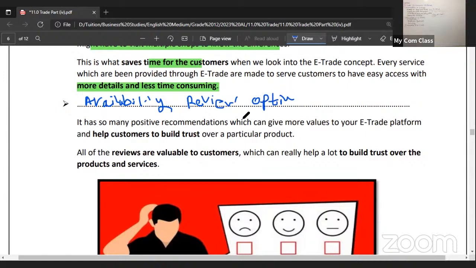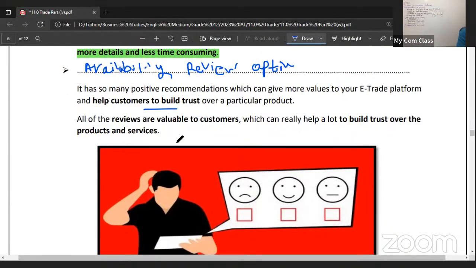So it has many positive recommendations which can give more value to the e-trade platform and help customers to build trust. Sellers are ranked, they have stars, it can be 5 stars or 4 stars. When a seller has a higher rank, you can think about it before you make the purchase. So that's one of the options, to build trust over the products and services.